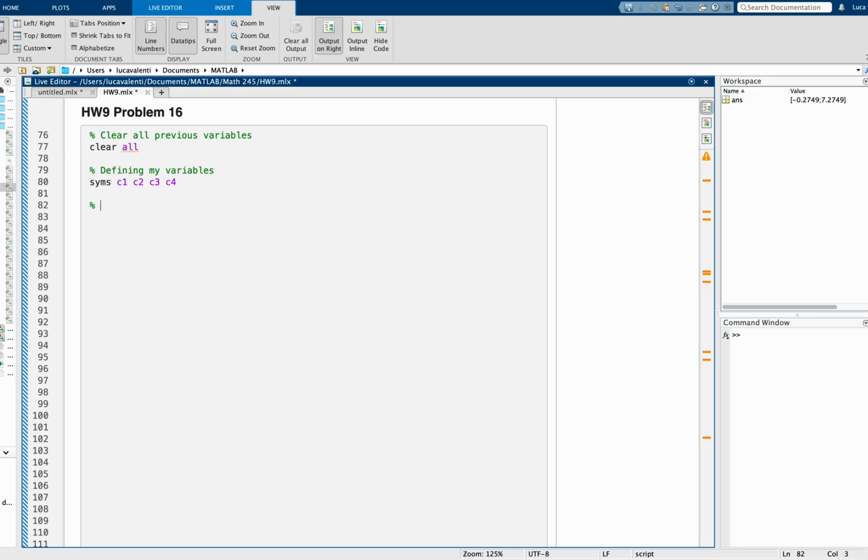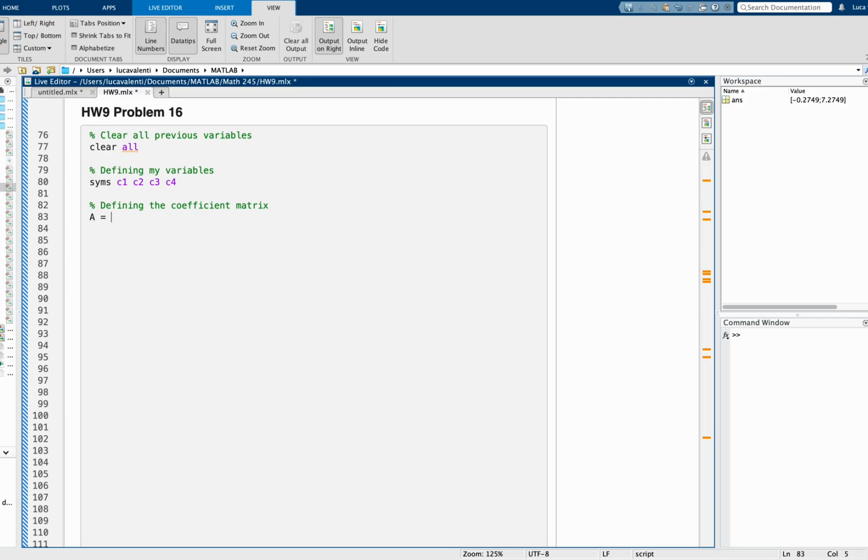Then I would like to write the system as a matrix, right? So I would like to write the coefficient matrix that I showed in the earlier video. So how do you write a matrix?